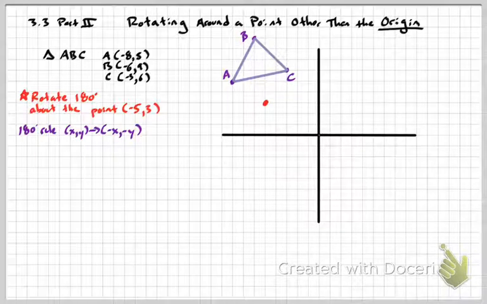Instead, we focus on the vector distance from our center of rotation to our points. So here's what I mean by that. So let's focus on point A, okay? So if I'm looking at point A, to get from the center of my rotation to point A, I have to move left 3 units and up 2 units.